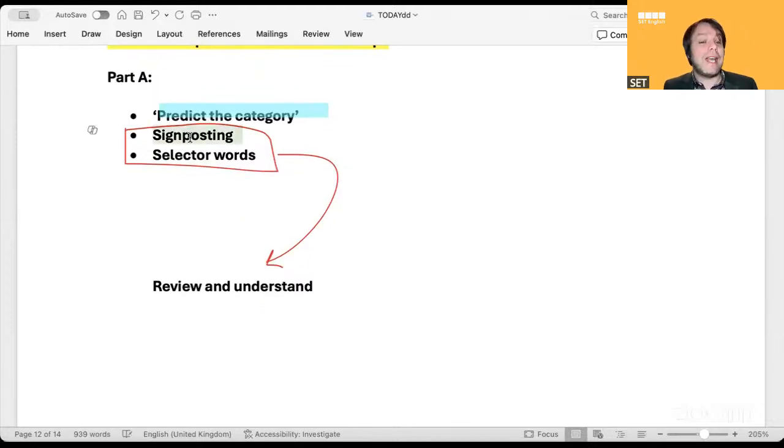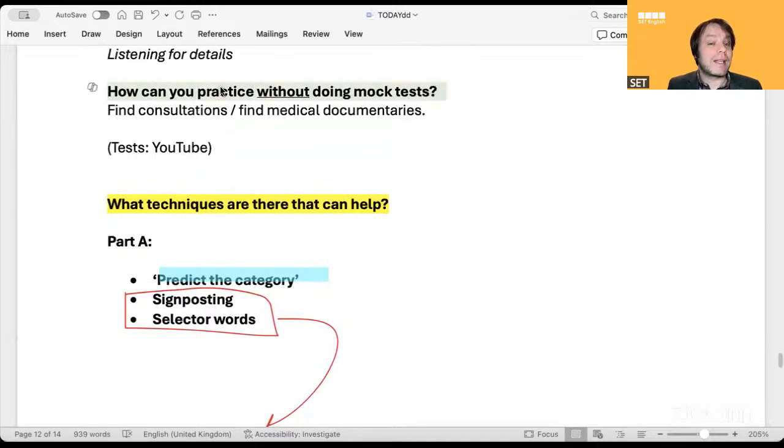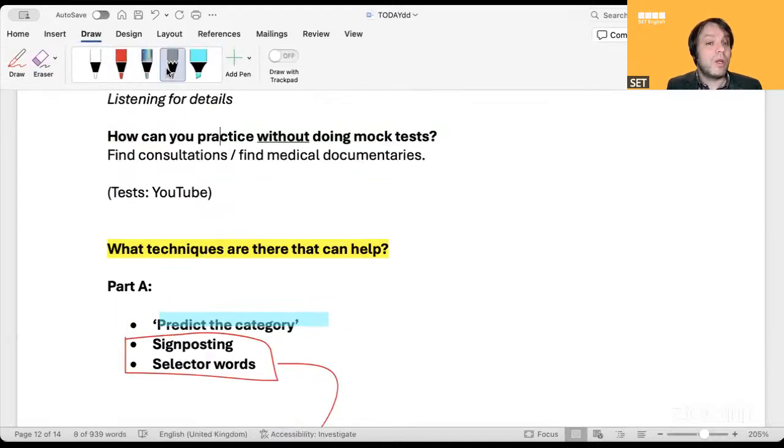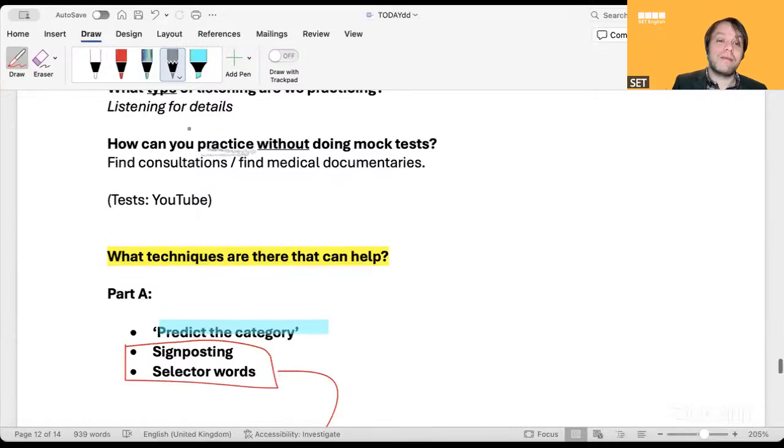If you can understand these 2 things, you will be able to deal with the exam a little bit better. But remember, you've got to practice. We all know that listening is really about regular practice. If you're not doing that, you're not going to improve. So make sure you're practicing every day some listening for details.